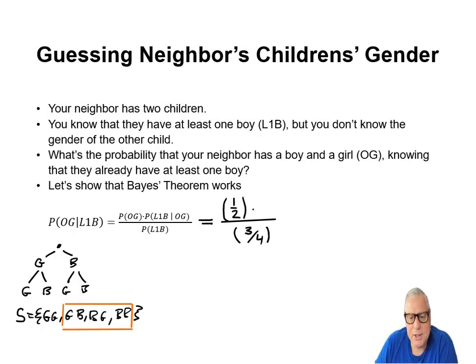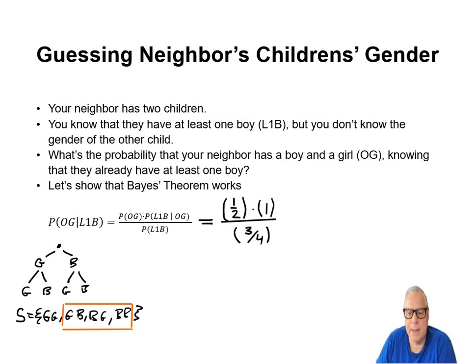And now here, that's probably the most interesting. What's the probability that, given that the other one is a girl, there is at least one boy? Well, you know there's already one boy, so that is 1. You don't have to worry about that one. So that probability becomes 1.